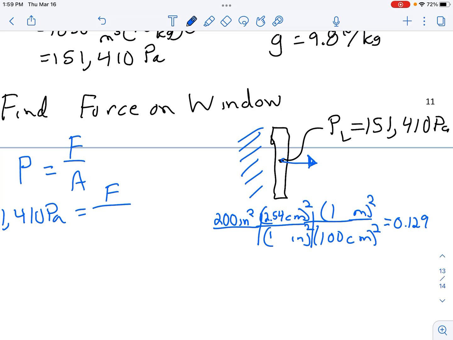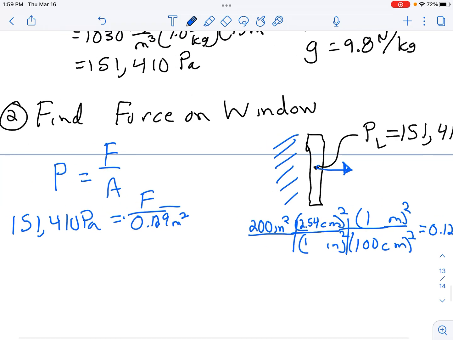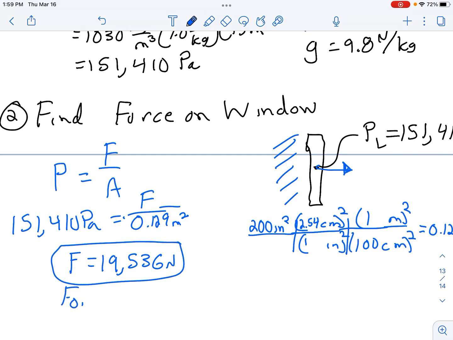And so that is meters squared. So we take that and multiply it by the 151,410, and we get 39,072. So this is the force on the window.